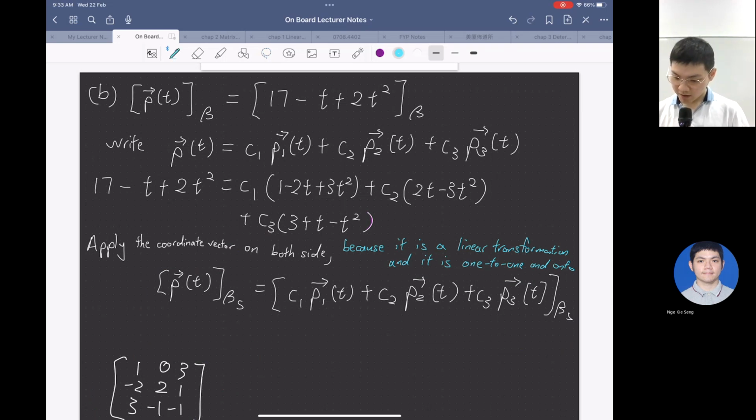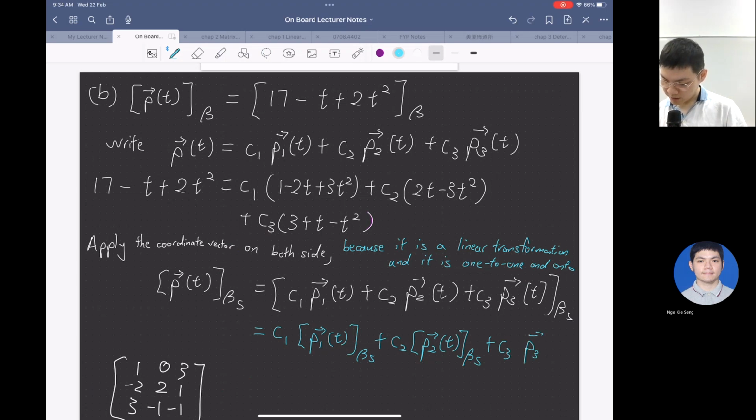So what I get here is the vector equation becomes something in Rn, which is C1 times the vector P1 T with respect to BX plus C2 times P2 T with respect to BX plus C3 times P3 T with respect to BX.